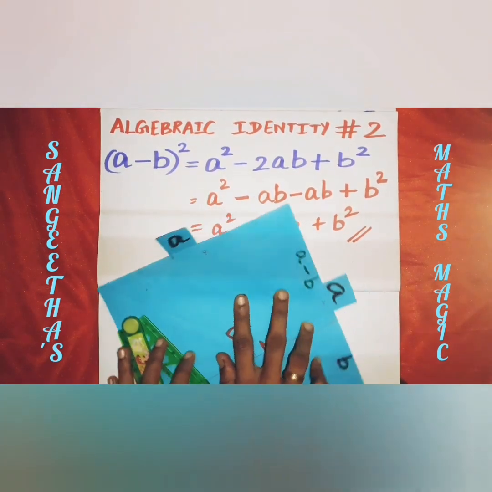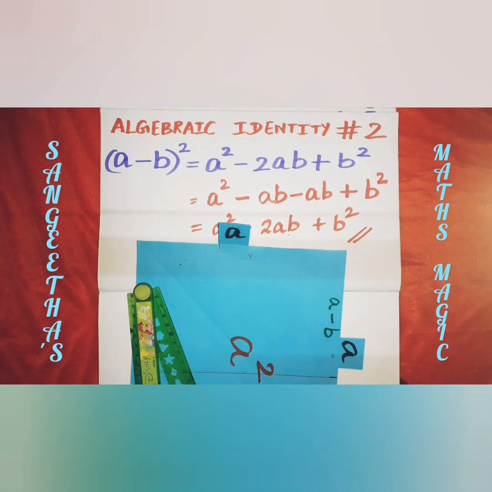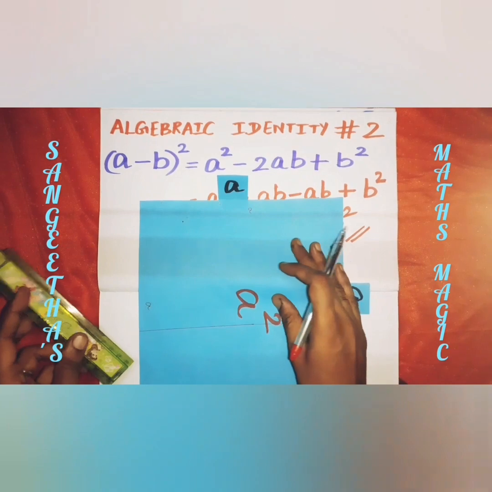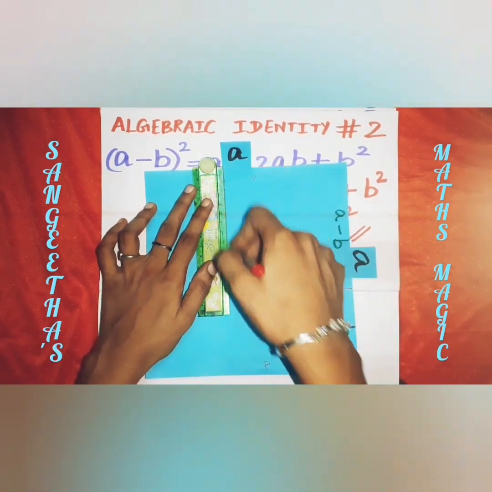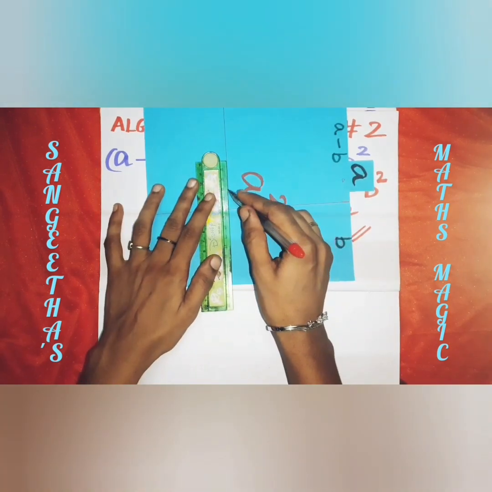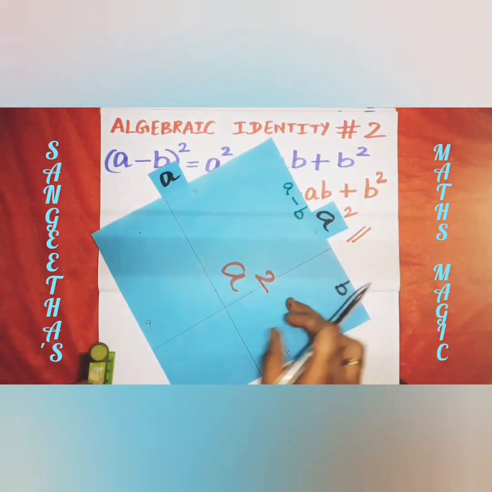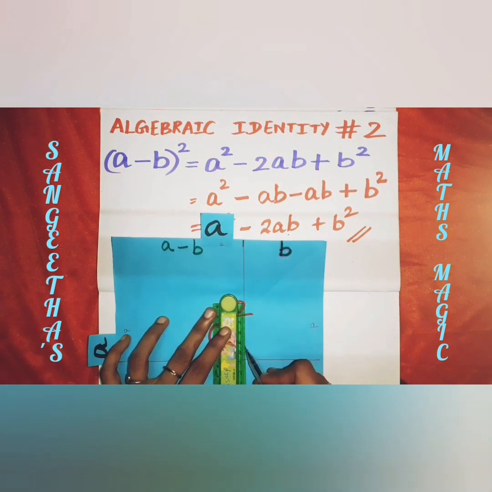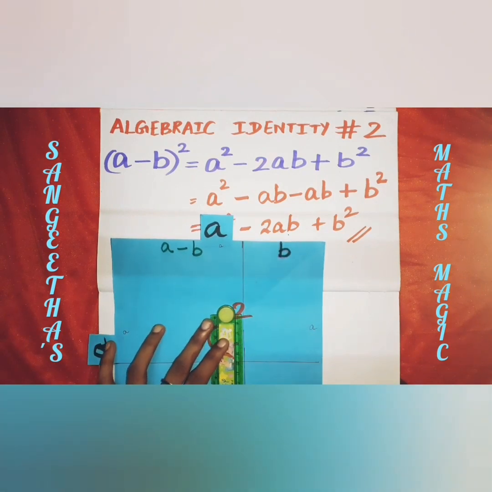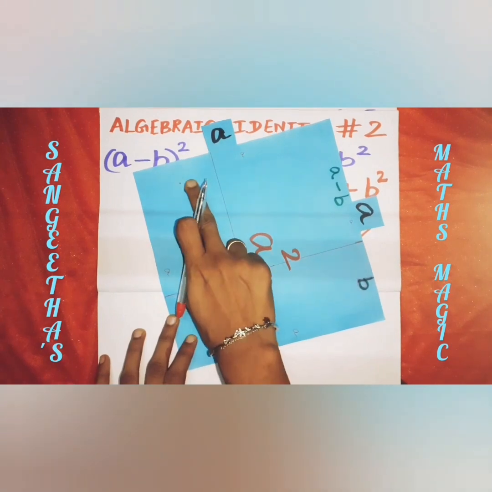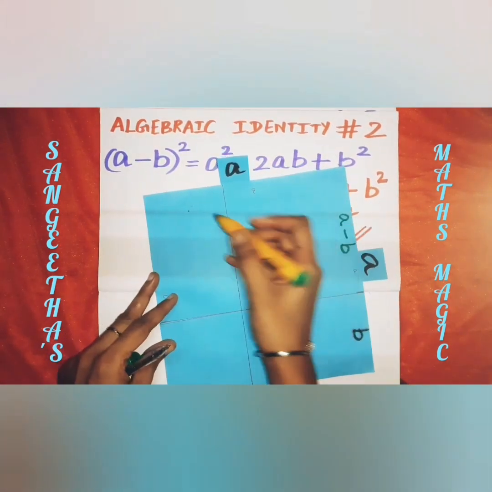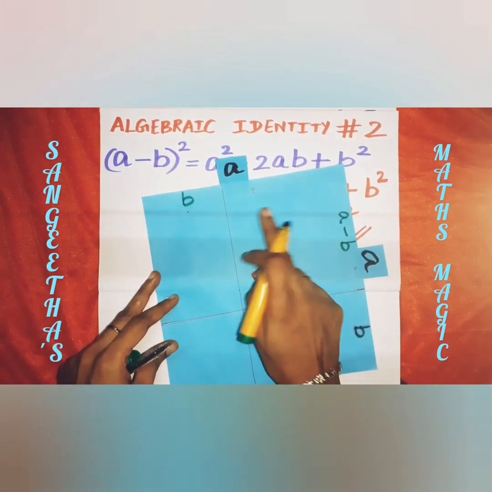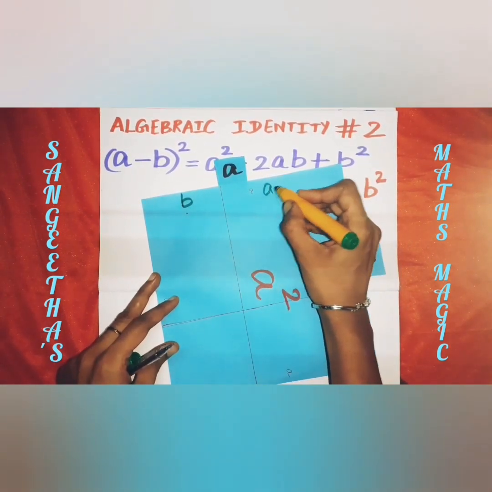So what is actually (a minus b) the whole square? It is (a minus b) into (a minus b), like side into side. So one side we got to be a minus b. Again on the other side, I'm going to take away the same measurement b which I have taken before.